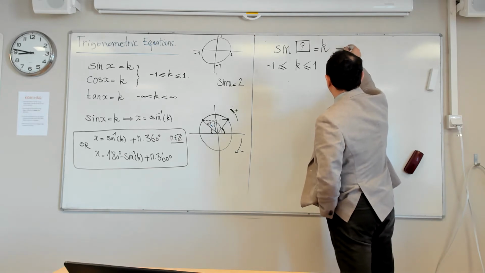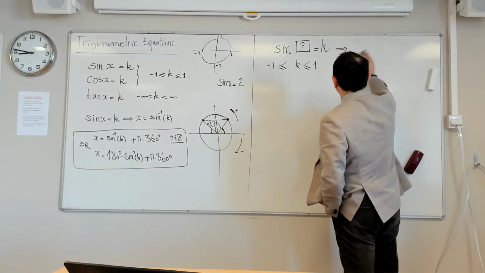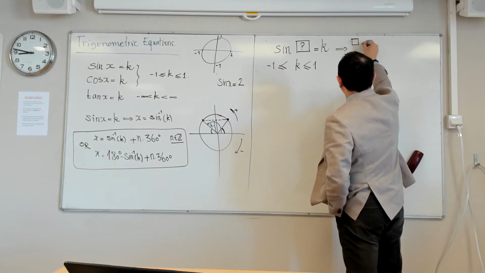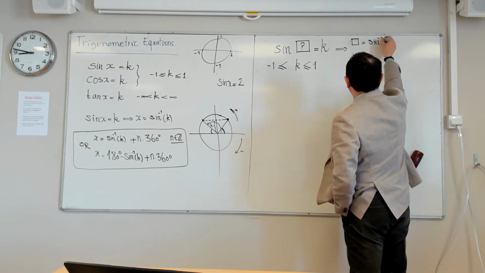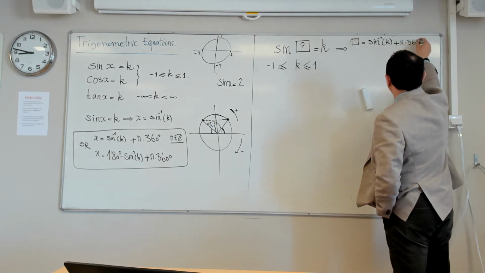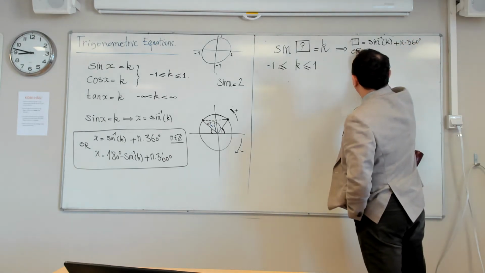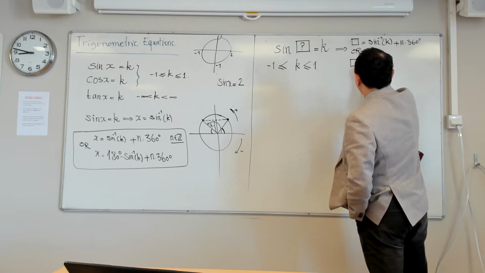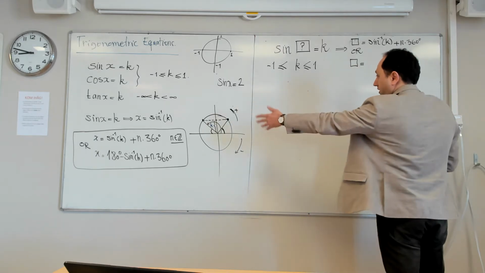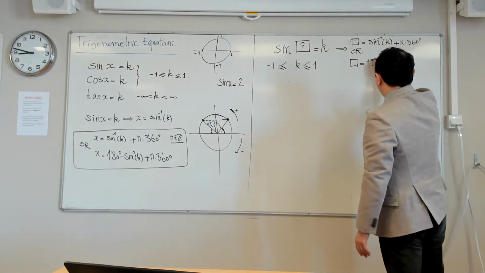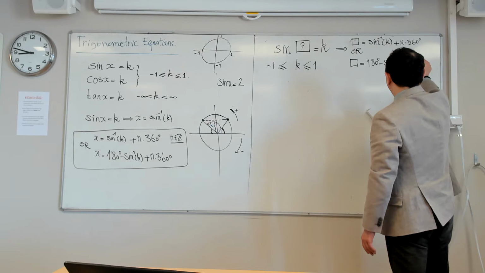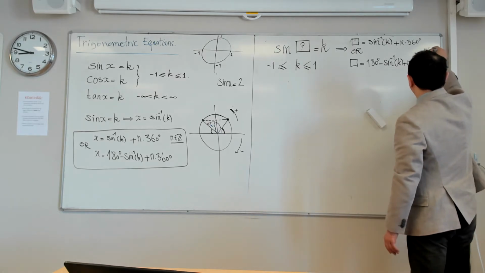Then you immediately realize there are two groups of solutions. One group is: whatever is inside the box is equal to sine inverse of that number k plus n times 360 degrees, or another possibility is that what is inside the box is 180 minus sine inverse k, and then plus n times 360 degrees, and then n belongs to Z. This 180 you need to visualize or memorize after understanding, of course.